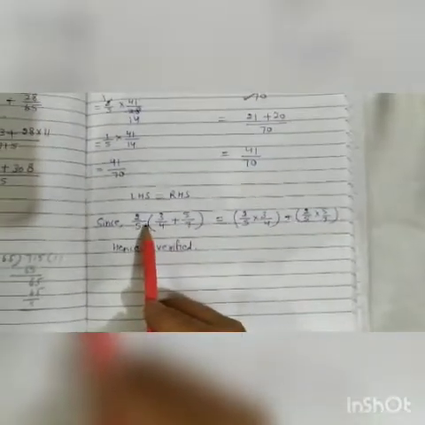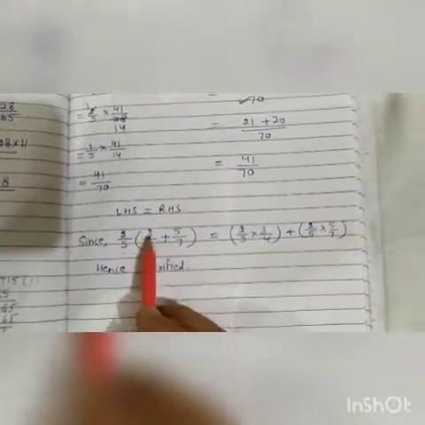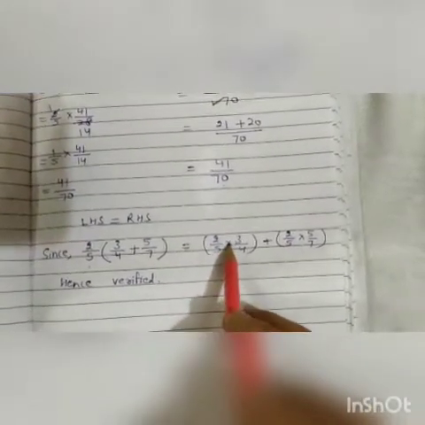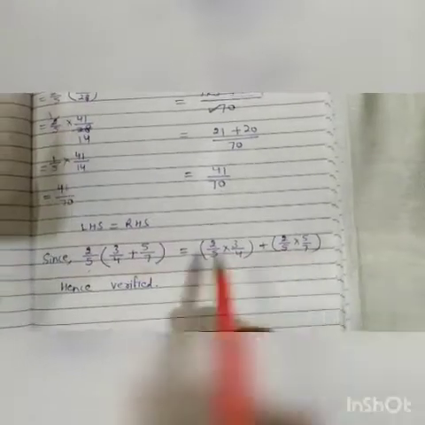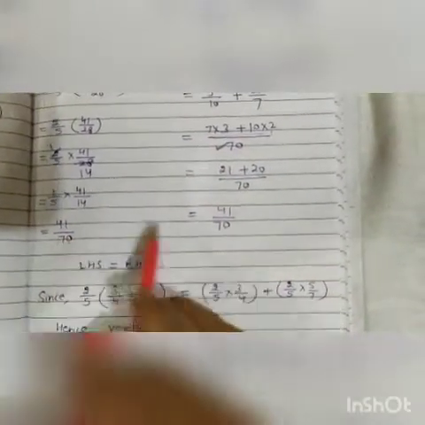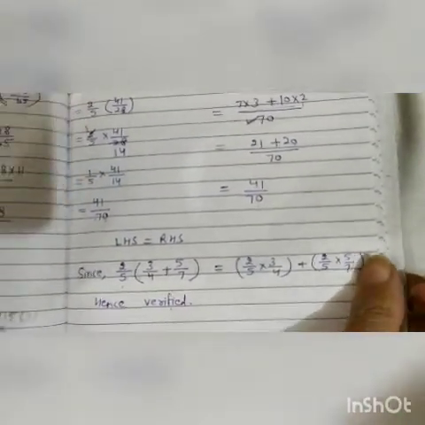It means this given question's left hand side is equal to right hand side: 2/5 into (3/4 + 5/7) equals 2/5 into 3/4 plus 2/5 into 5/7. So it is verified, because both the answers in left hand side and right hand side are same. Now students, parts C and D you will do yourself.